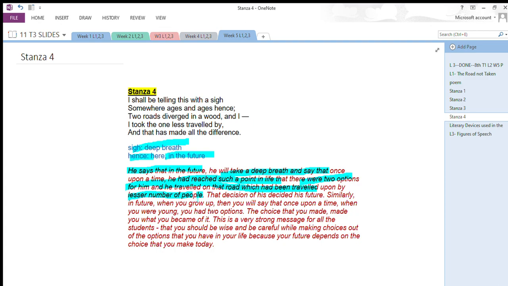So it means he took a path which was unique, which was not taken by many people. He made a good choice. Okay, that decision of his decided his future.